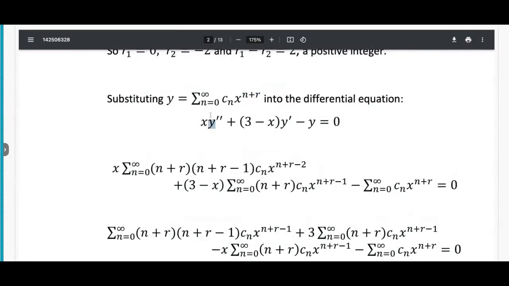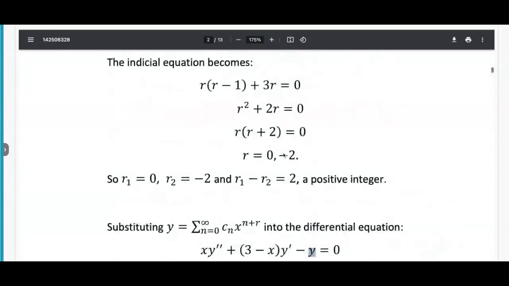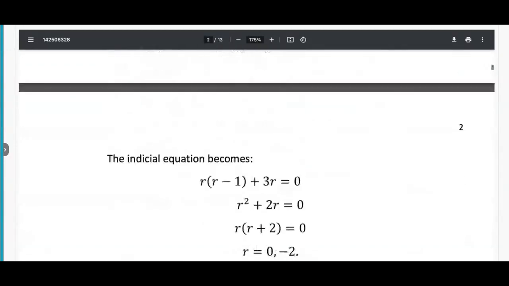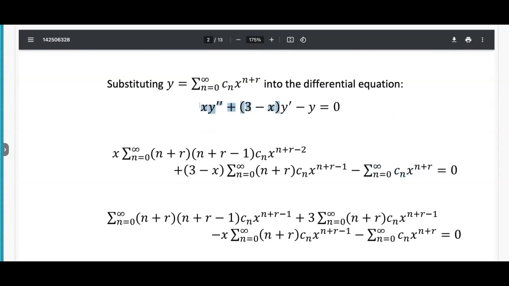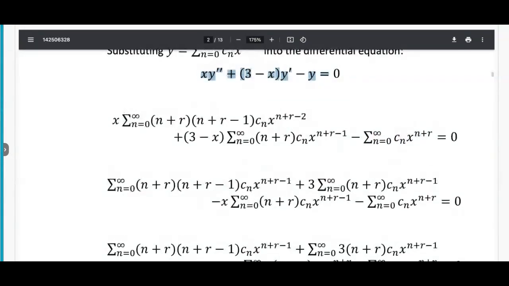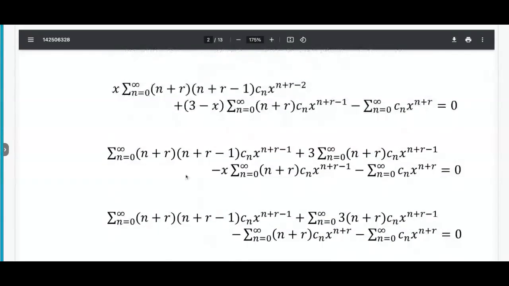Then we find y double prime, which is a power series of this, and y prime, a power series of this, and y is just this one, right? So we substitute into this original equation. The same trick as before, right?